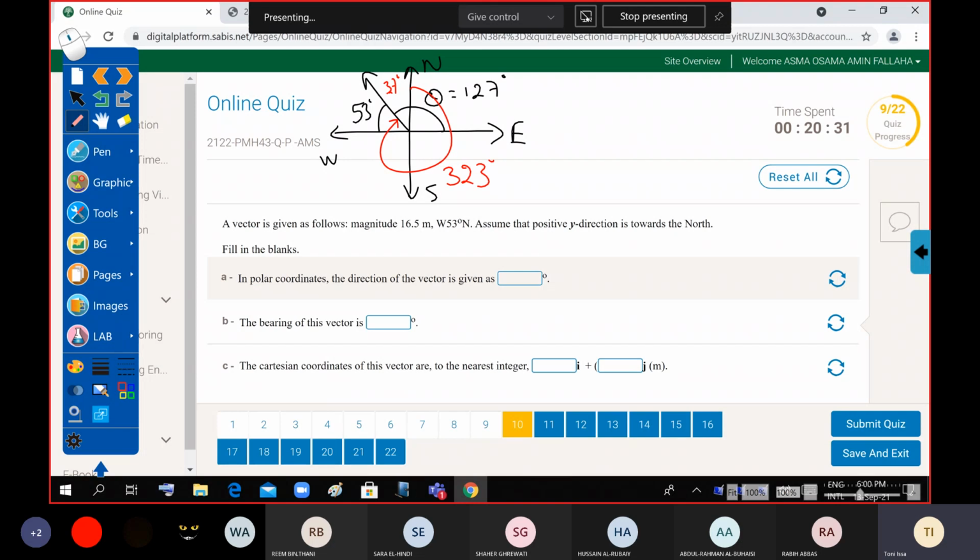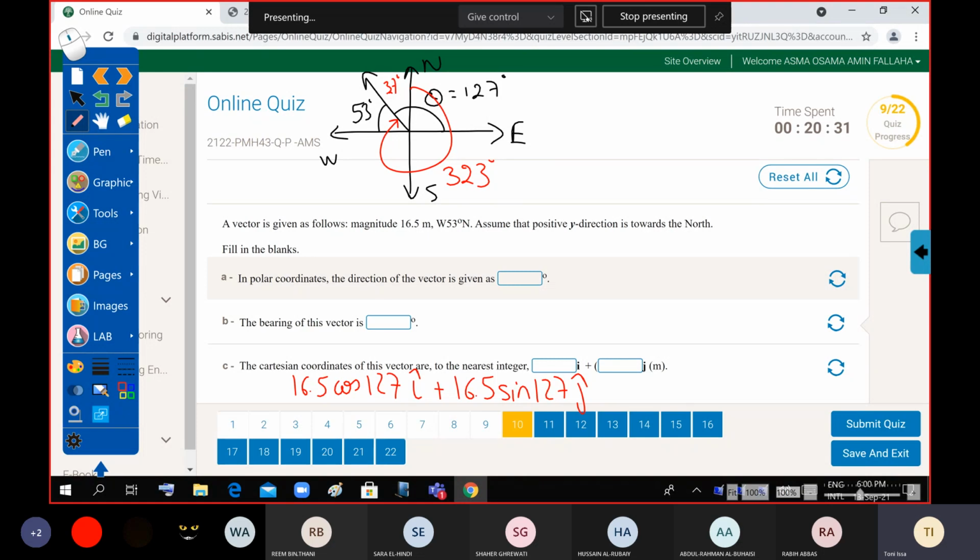What is the Cartesian coordinates? I already know the magnitude and I already have angle theta. So to find the Cartesian, it will be magnitude 16.5 cosine the angle theta 127 i plus 16.5 sine 127 j.